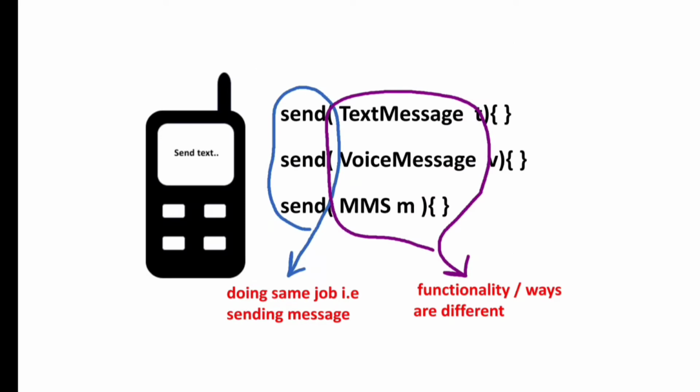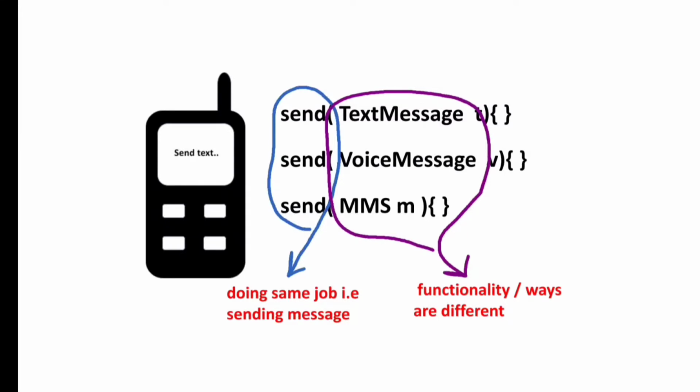And in this case also, all three methods do the same job, that is, all three methods send a message but in different ways. That means the ways of sending a message are different, that is, the behavior of each method is different. So in Java, methods having the same name can behave differently, and it is possible only because of method overloading. So basically the point is that method overloading helps us to get different behavior with the same name of the method.